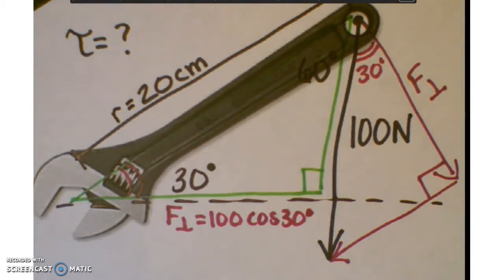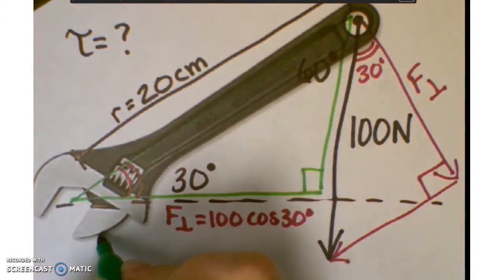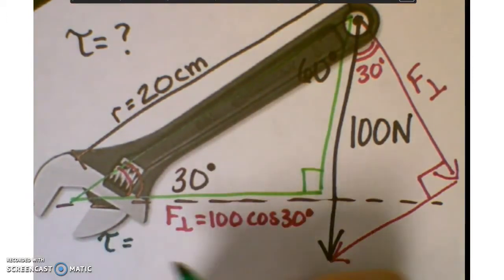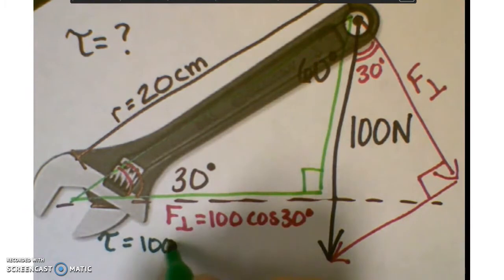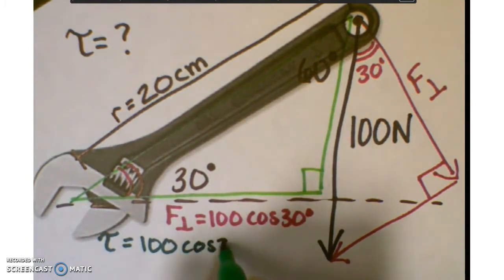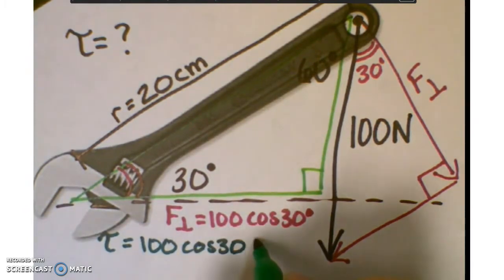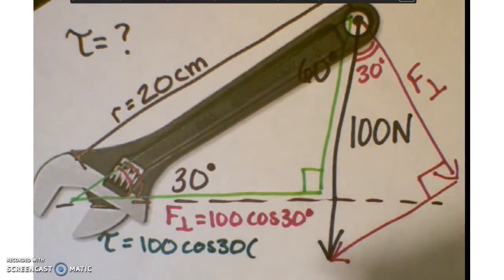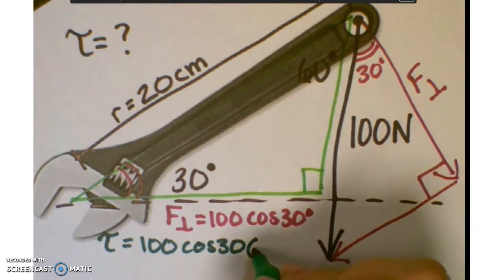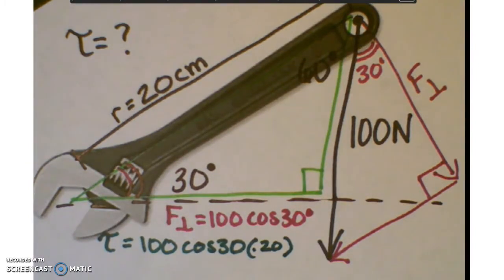So remember, if I want to find my torque, I'm going to take my perpendicular component and multiply it by the radius. So, torque equals 100 times the cosine of 30 degrees times 20 centimeters. I do need to turn that to meters, so that's 0.2 meters.